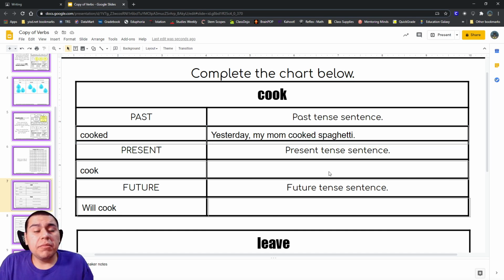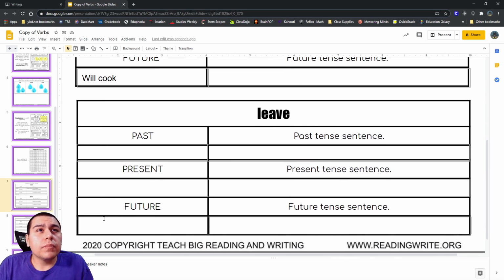Okay, who can give me a present tense sentence? One that uses cook. Kylie? Oh, I have a different question. When I was trying to type in will cook, it wasn't letting me, but it let me write in cooked. So with these ones, you just got to make sure, and I'll show you here ones that are blank. You see how my mouse changes when I go over them?